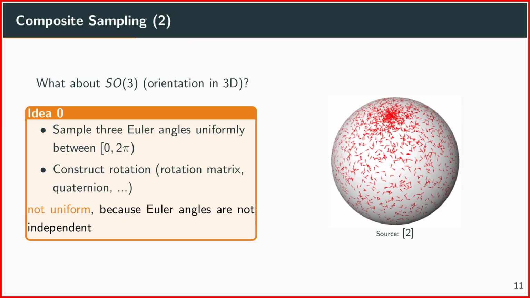If you just do uniform sampling of the Euler angles, you will usually get something like this, where a lot of points are clustered around one of the poles. Does anyone know why there is a cluster when you do uniform sampling with Euler angles?